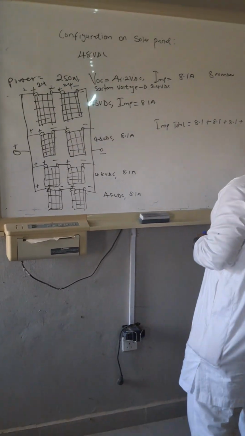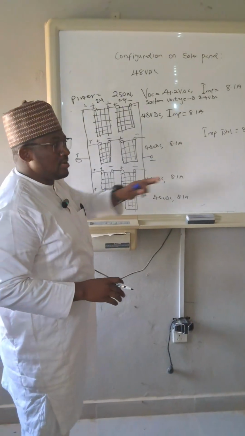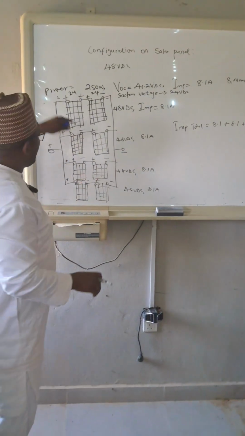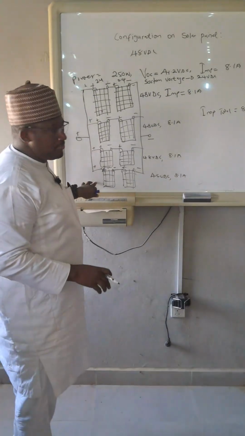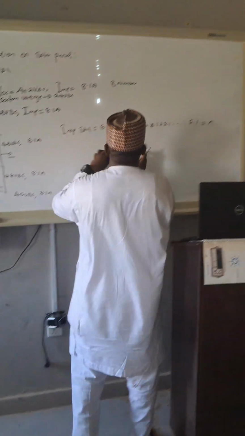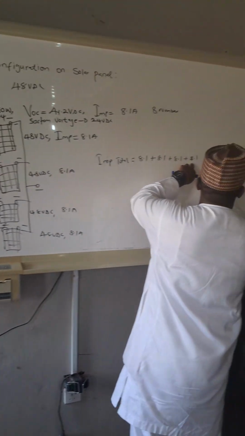Whatever we have, that is our total current. Do you understand? Do we consider it 8? No. Why did I say no? How many strings do we have? 1, 2, 3, 4. So we are only considering the fourth one. We are stopping here.